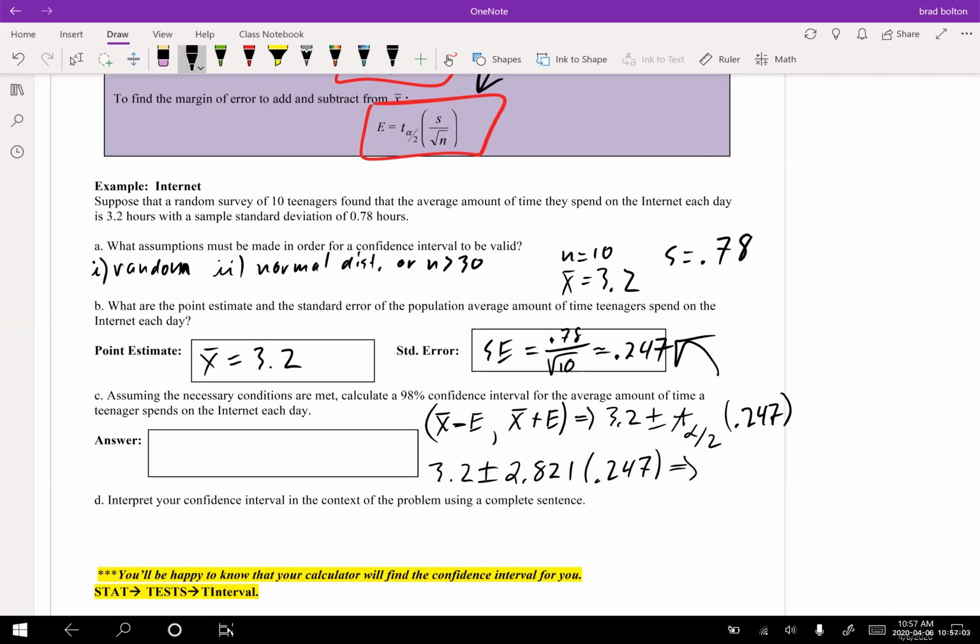This should give me my interval. So I'm going to do 3.2 minus 2.821 times 0.247, and I get 2.503.